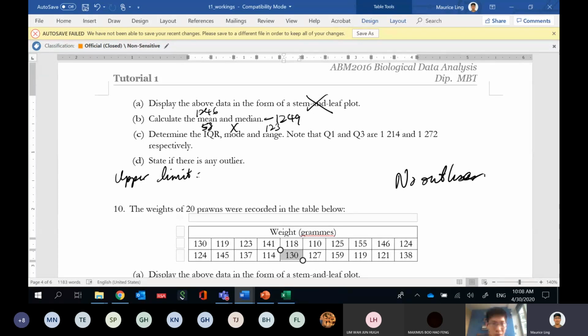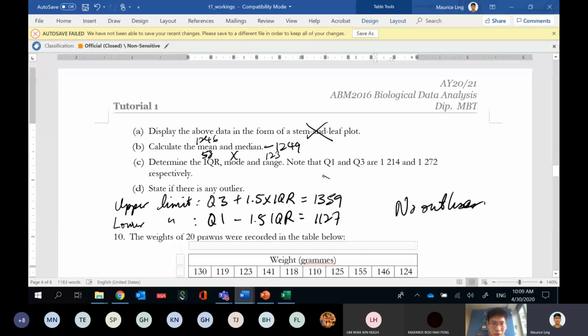Because the upper limit is Q3 plus 1.5 times IQR, the interquartile range. If you work it out correctly, it will be 1359. The lower limit will be Q1 minus 1.5 IQR, which is 1127. So there are no values out of this range.